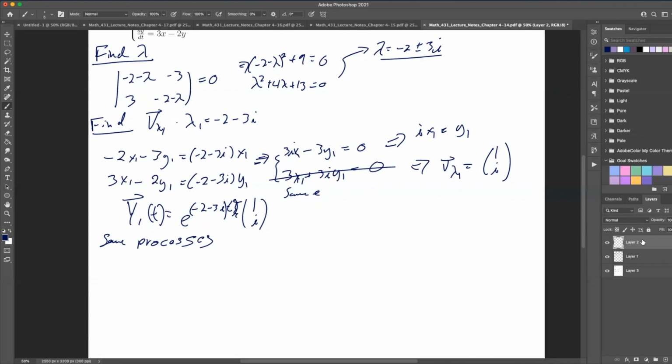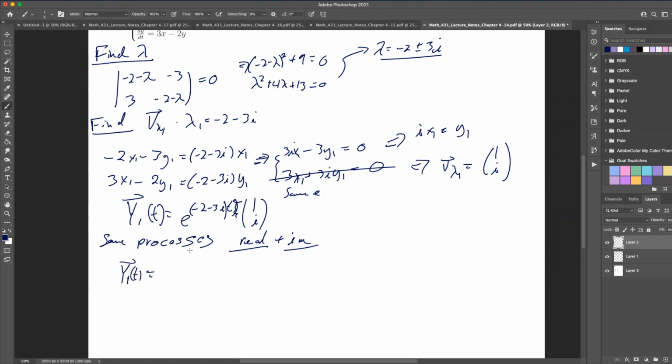There we go. All right, so we're going to do the same process as last time. We're going to split this into its real part and its imaginary part. And we're going to take this as a solution and this as a solution. So we're going to do the same thing we did last time, and let's go ahead and split that. So y1 of t becomes, and we're going to split this into its real and imaginary parts.